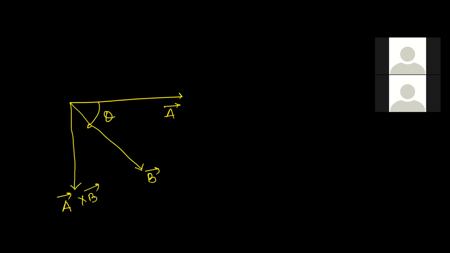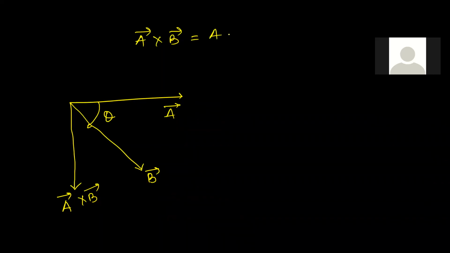Now, if the B vector is at the angle theta, what should be the value of this cross product? A vector cross B vector is A into B multiplied by sine theta, because B vector has a horizontal component B cos theta and a perpendicular component in this direction, B sine theta.